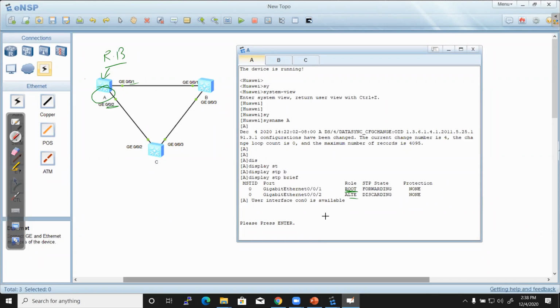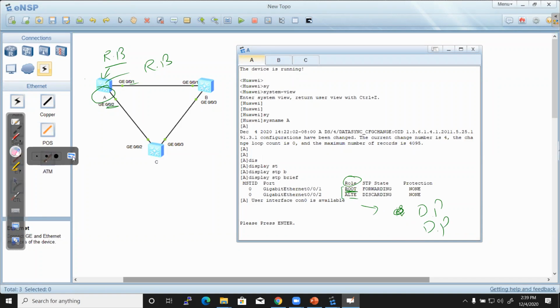But once you select this switch as the root bridge, the role of both ports will change into designated ports, the DPs. Because I told you, the root bridge always has designated ports.